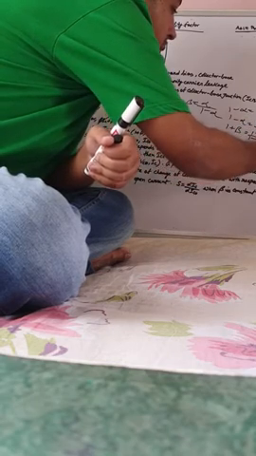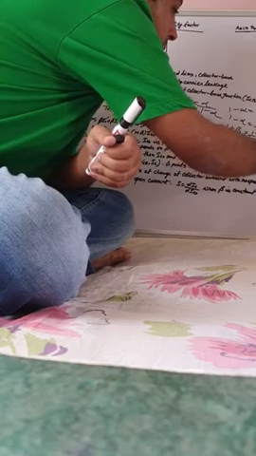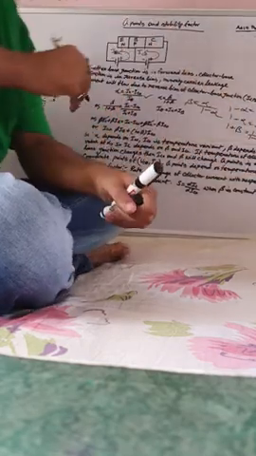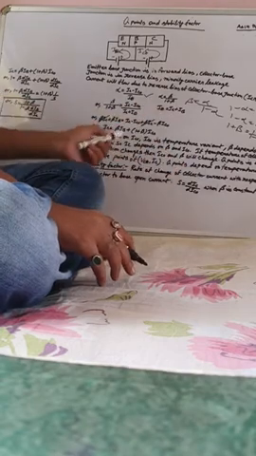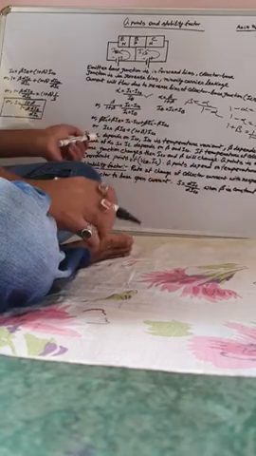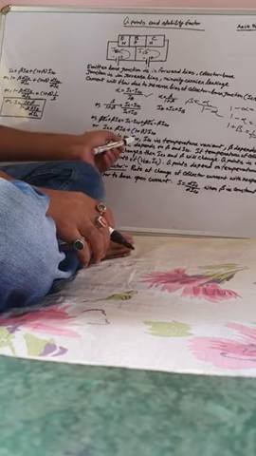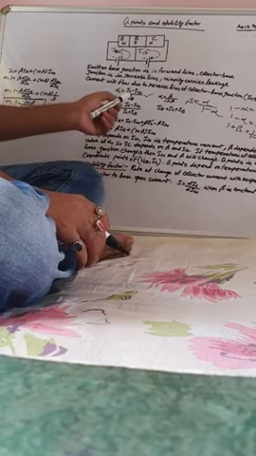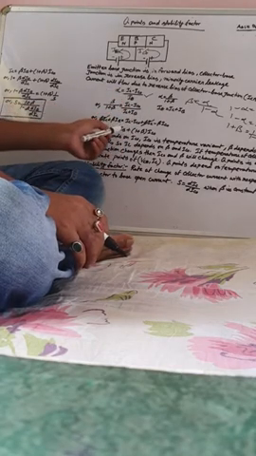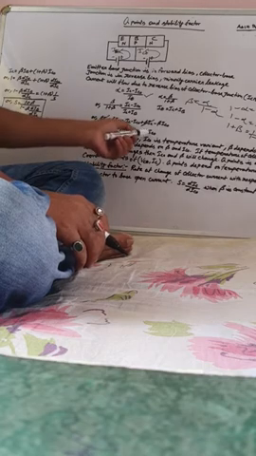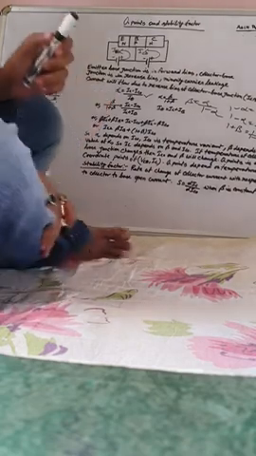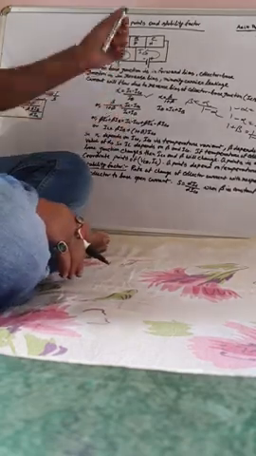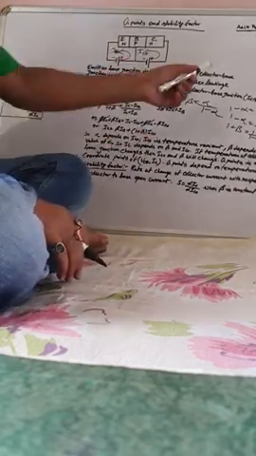Beta is equal to alpha by 1 minus alpha. So, beta depends on alpha. Value of beta depends on alpha. So, IC depends on both beta and ICO. Here, if temperature of collector base junction changes, the ICO will increase, beta will also change.